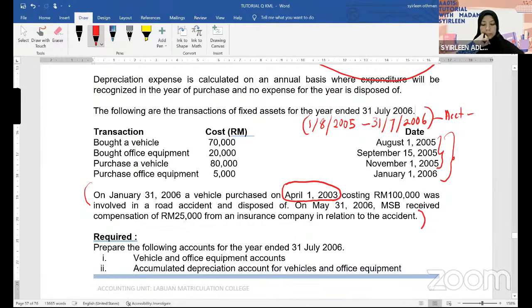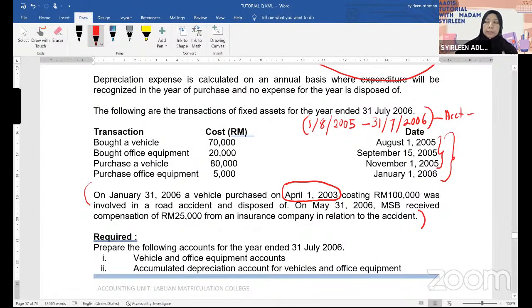The price of the asset when it was bought was 100,000. When it had the accident, it was a total loss, and it was disposed of. So the disposal is on the date the accident occurred, because when the accident happened, the asset is no longer with you. So you dispose of the asset on 31st of January.